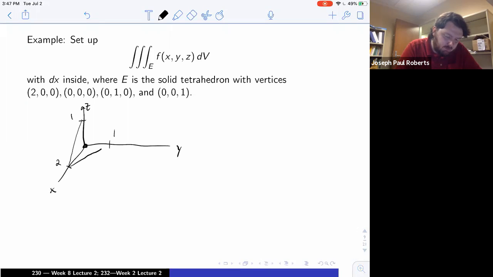And a tetrahedron, remember, is just 4 triangular faces. So you have the triangle in the xz plane, a triangle in the yz plane, and a triangle in the xy plane. And then you have this diagonal triangle through the points 0, 1, 0, 0, 0, 1, and 2, 0, 0. Okay, so that's our solid tetrahedron.